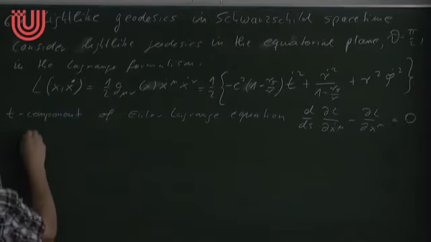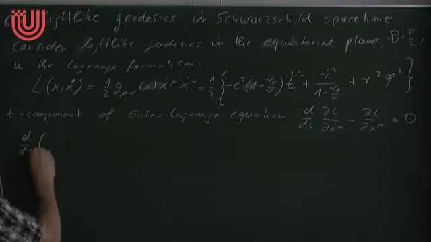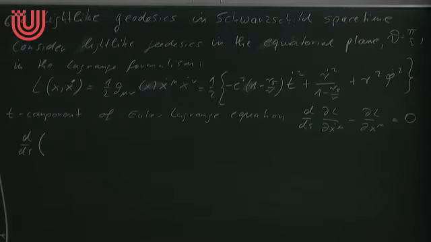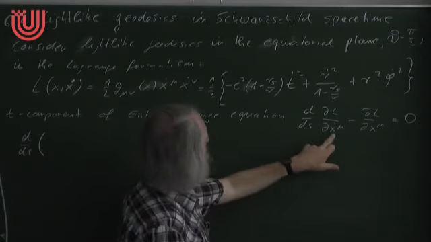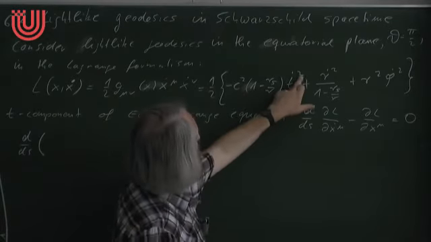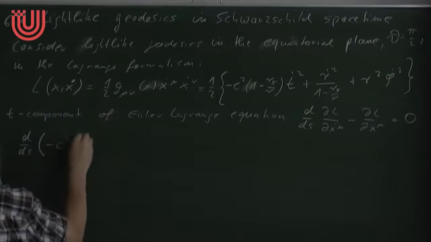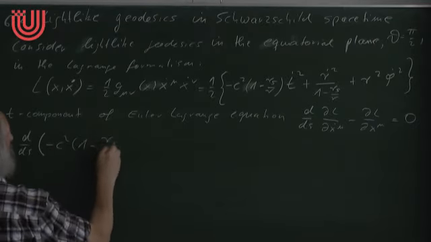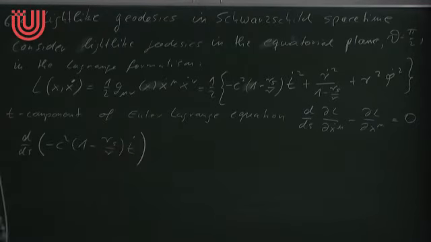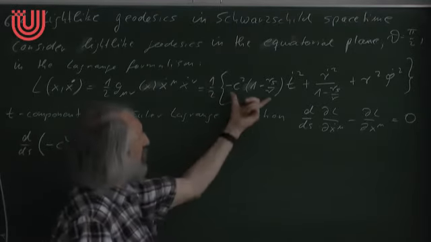So I get d/ds of what? I have to differentiate my Lagrange function with respect to t dot. Here's a t dot. The 2 kills the 1/2, and I get minus c squared (1 minus r_s over r) t dot. And ∂L/∂t, well, L doesn't depend on t.